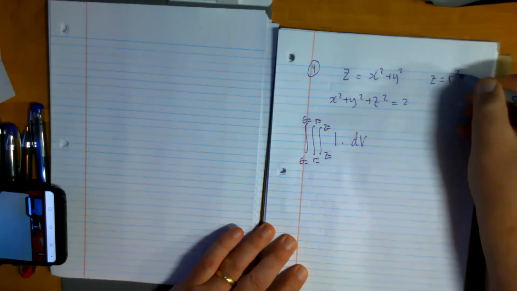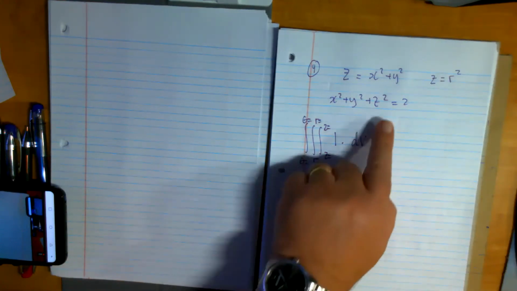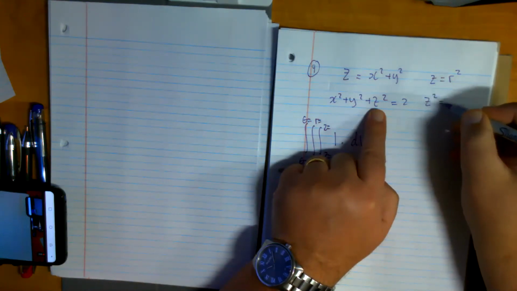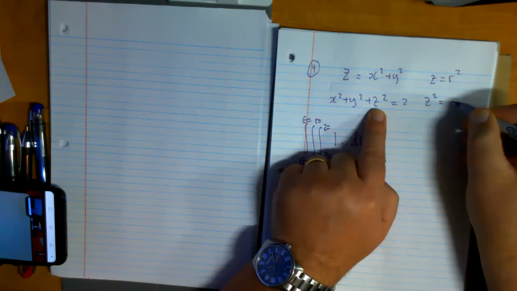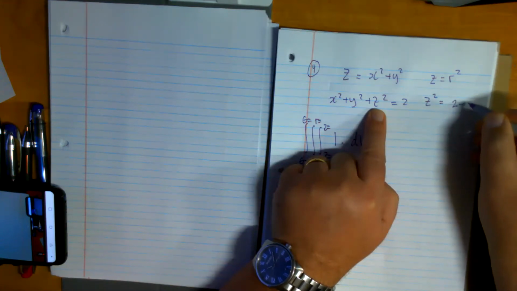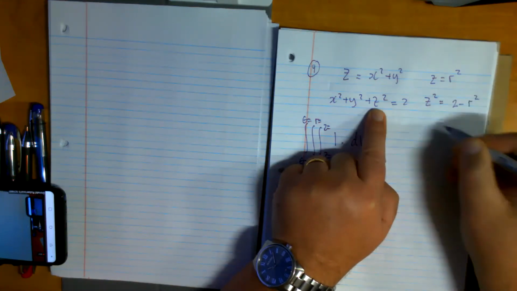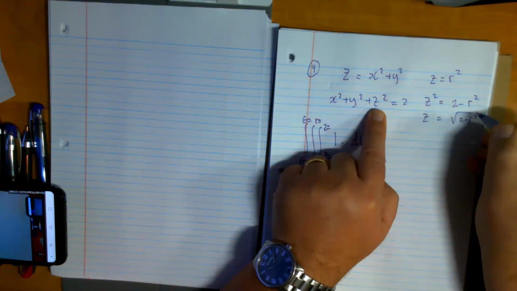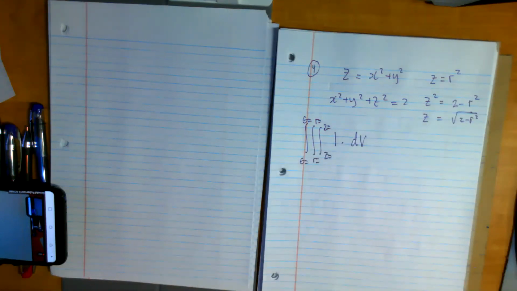This one, for instance, just turns into z equals r squared. If I rearrange this one, you get z squared equals 2 take away x squared, take away y squared, which is that guy. And z then is going to be that fella. And I'm assuming that we're talking about the positive one.